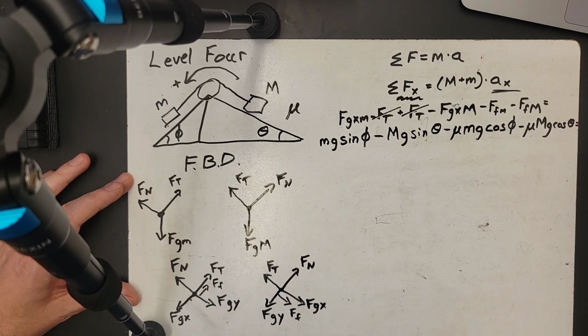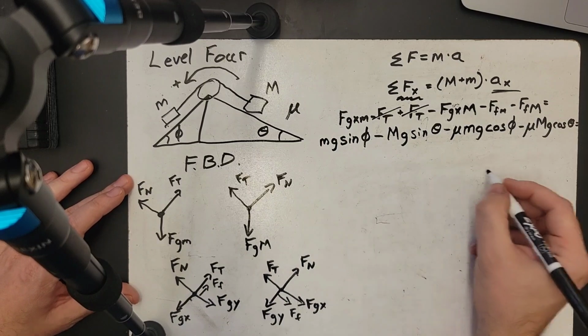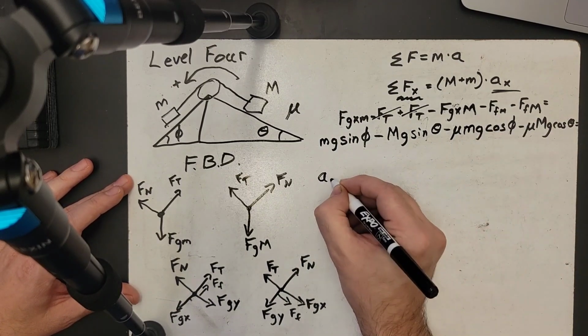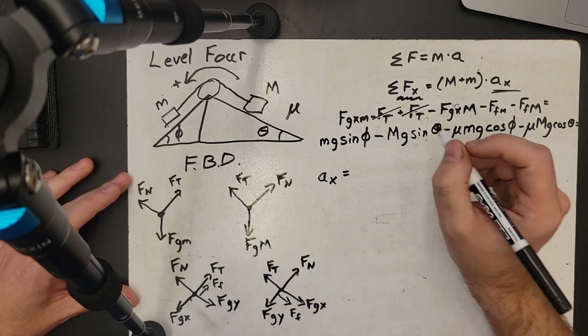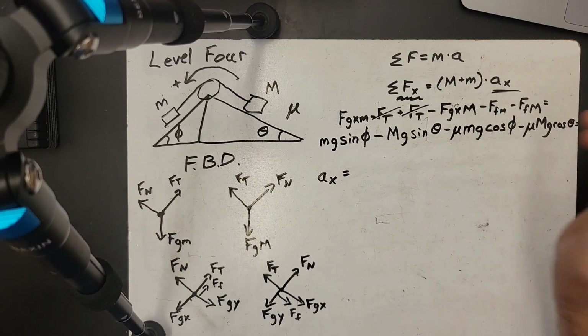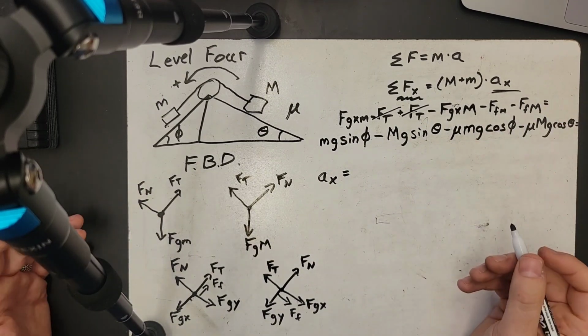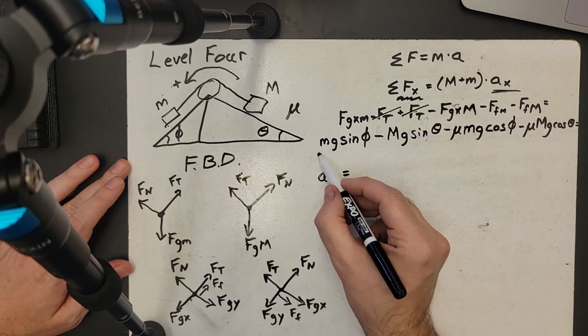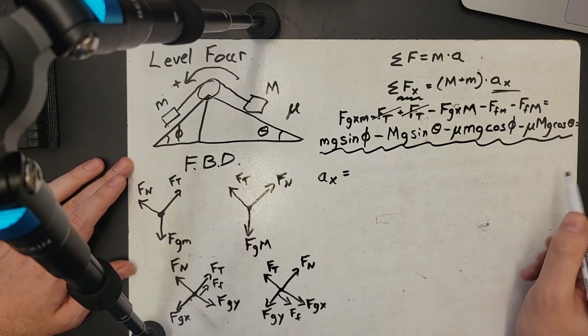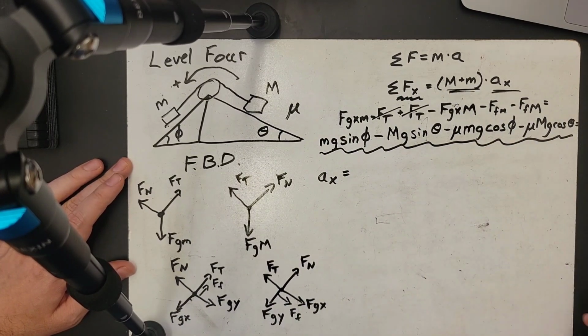God, that is a big, awful, ugly mess. So, doesn't matter. Doesn't matter if it takes me 10 minutes to write it. None of this was hard. It's just a lot of writing. The acceleration is going to be the sum of all forces divided by the mass of the system.